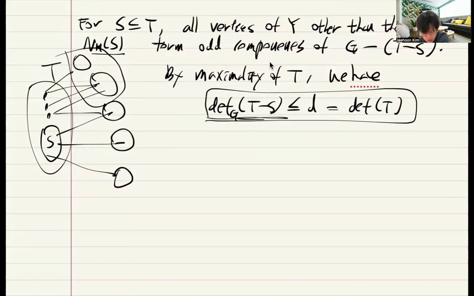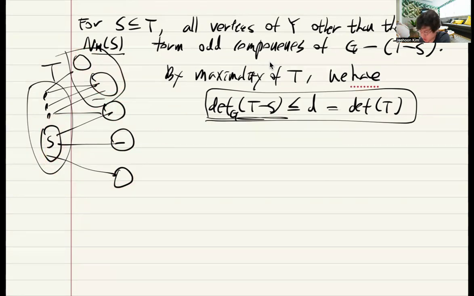This deficiency is the number of odd components. So here S with its neighborhood forms one component, and then these are all odd components.